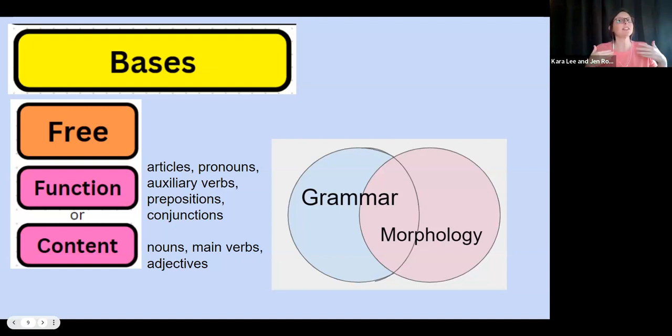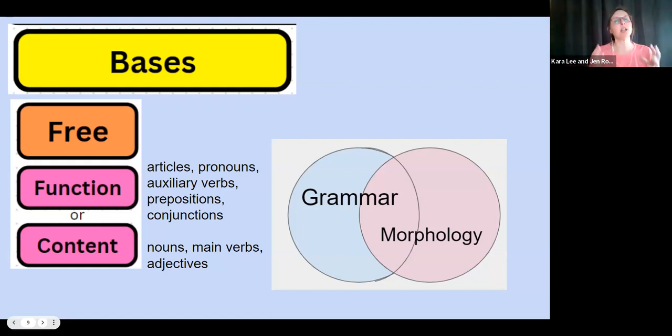All of your instruction should be approached through the lens of how does this fit with something else or within the big structure.